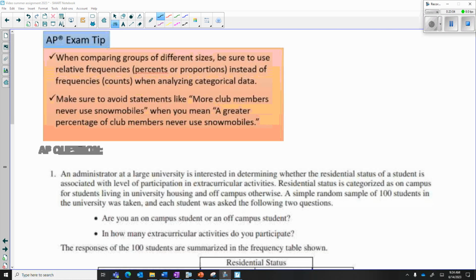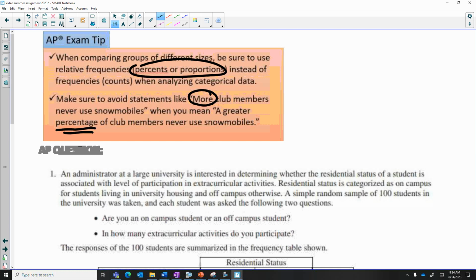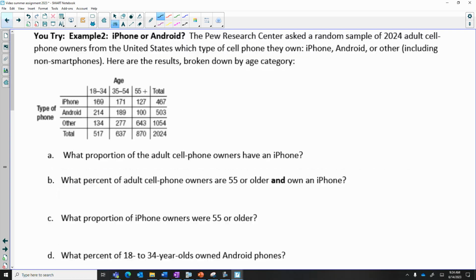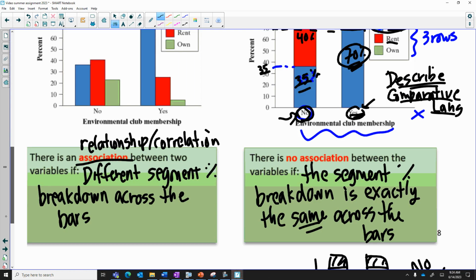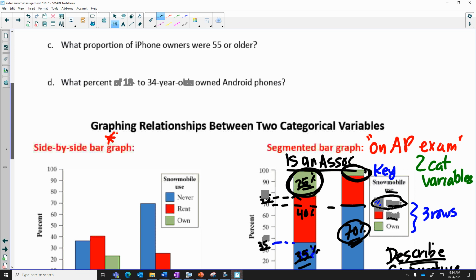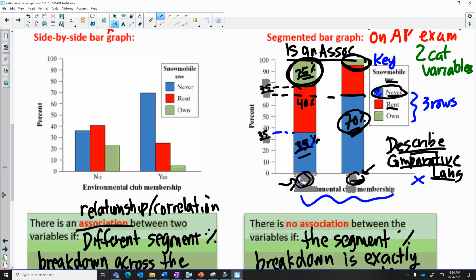Another tip that I want you to note is that when you compare across the bars, you don't want to use words like more or a greater amount. You actually want to use the word percent or proportion. The reason why is that the bars might be out of different totals. So if you say greater amount of people and you use the frequencies, it may be misleading. If you look back at this, there's a greater percent of people who have never owned a snowmobile in the yeses than the nos.